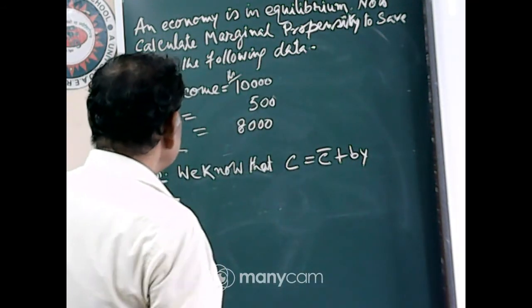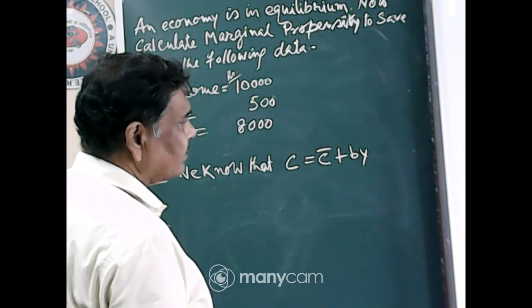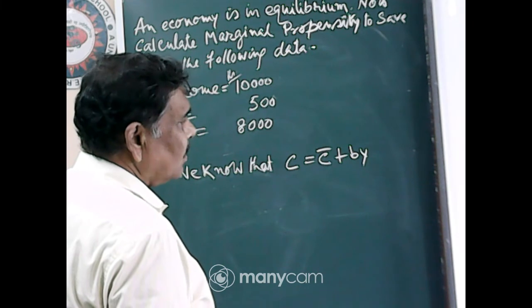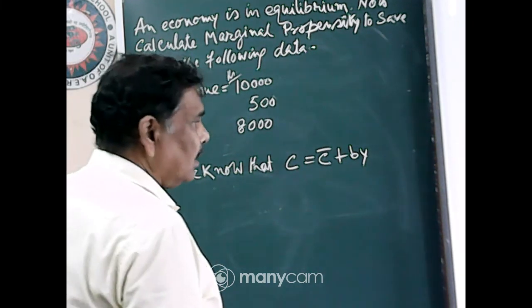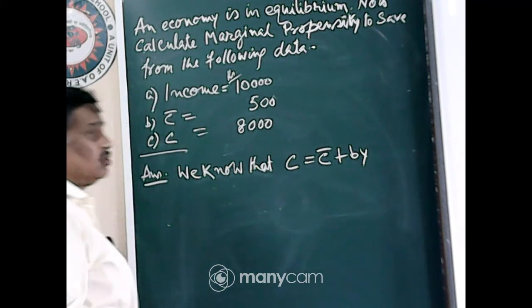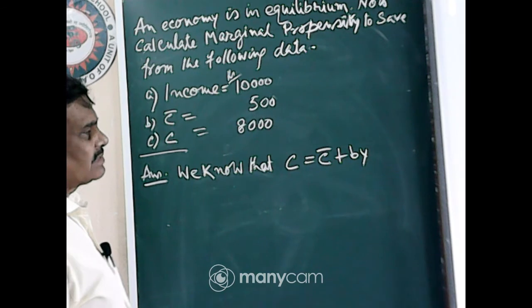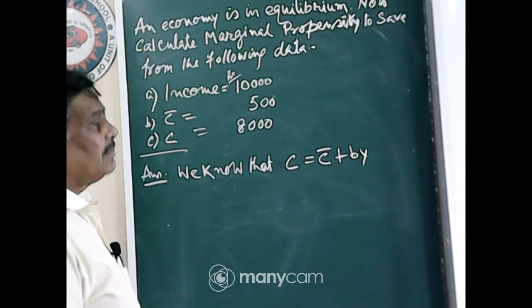C bar is given 500. You know what is C bar? C bar is the autonomous consumption. Autonomous consumption means the amount of consumption a consumer consumes even if his income is zero.